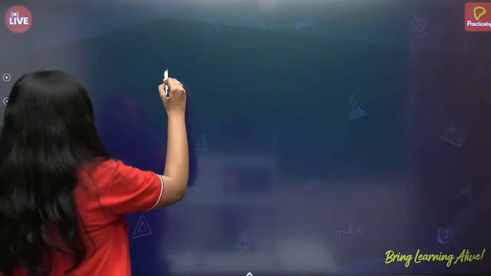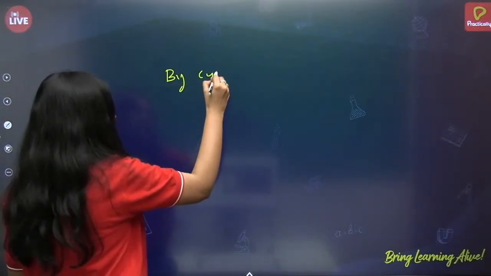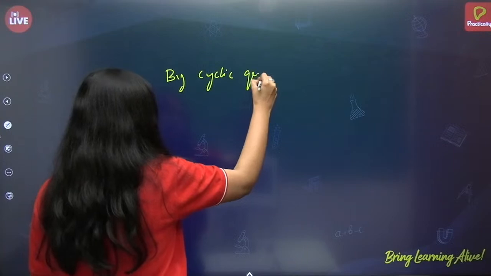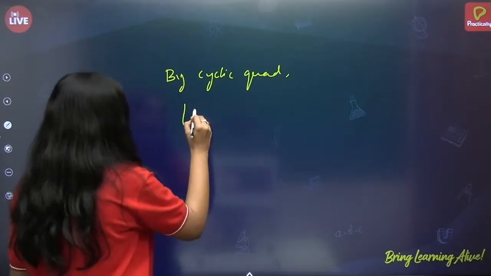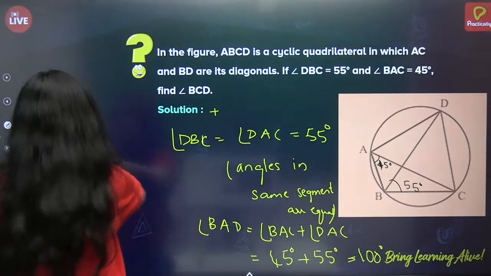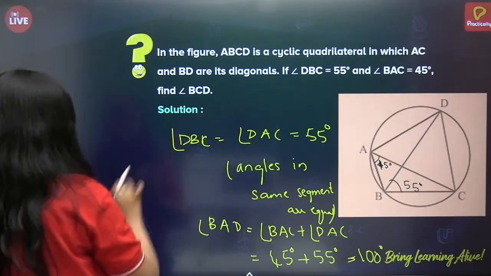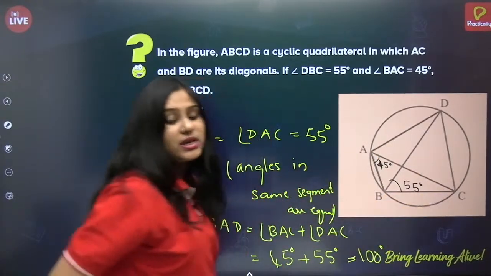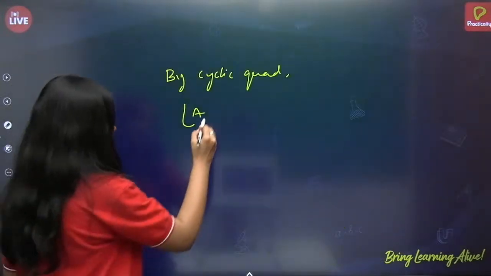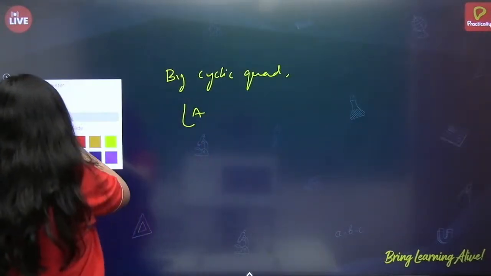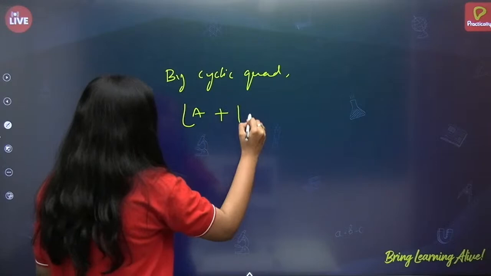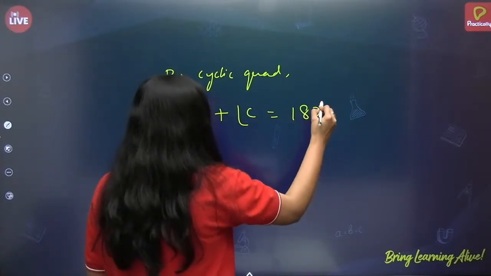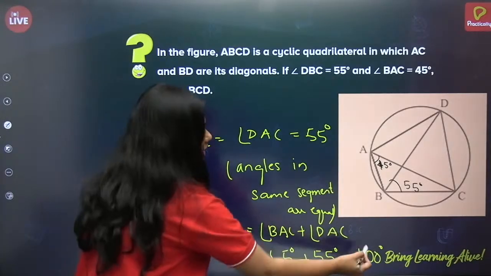But by the cyclic quadrilateral property, we know that angle A plus angle C is equal to 180 degrees. But what is angle A? 100 degrees.